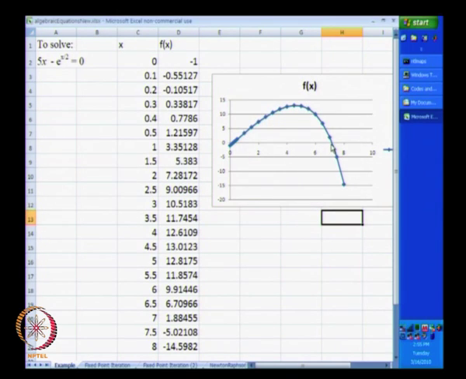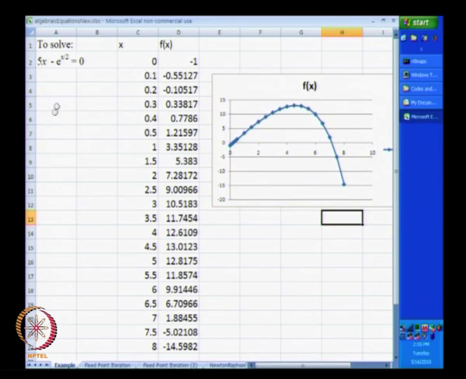So if you look at this, this is one solution, and that solution lies between 7 and 7.5, perhaps something like 7.1 or 7.2, and then there is another solution which lies between 0.2 and 0.3, that is where the function changes sign, and so this is perhaps going to be something like 0.22 or so, okay.